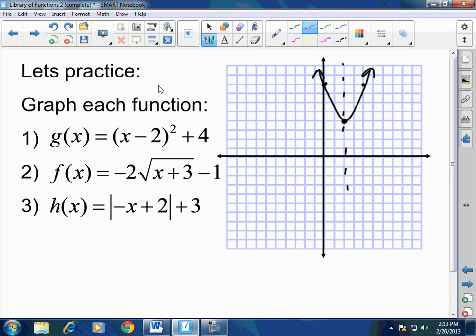You could have done the parent function, which is y equals x squared, which hopefully by now you've memorized: 0, 0, 1, 1, negative 1, 1, and dashed it. And then every single one of these points, 2 to the right up 4, 2 to the right up 4. 0, 0, 1, 1, negative 1, 1.